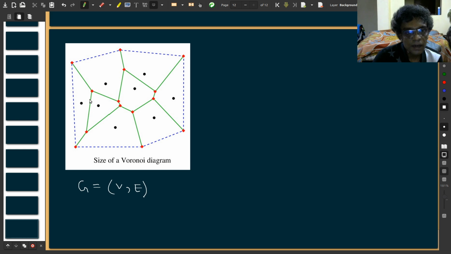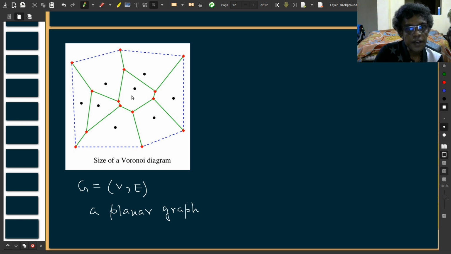And edges are the edges of the Voronoi diagram, plus these boundary edges. This construction says that this graph, which we can definitely draw on a piece of paper, is a planar graph, because it can be drawn on a piece of paper, and you can see the drawing.